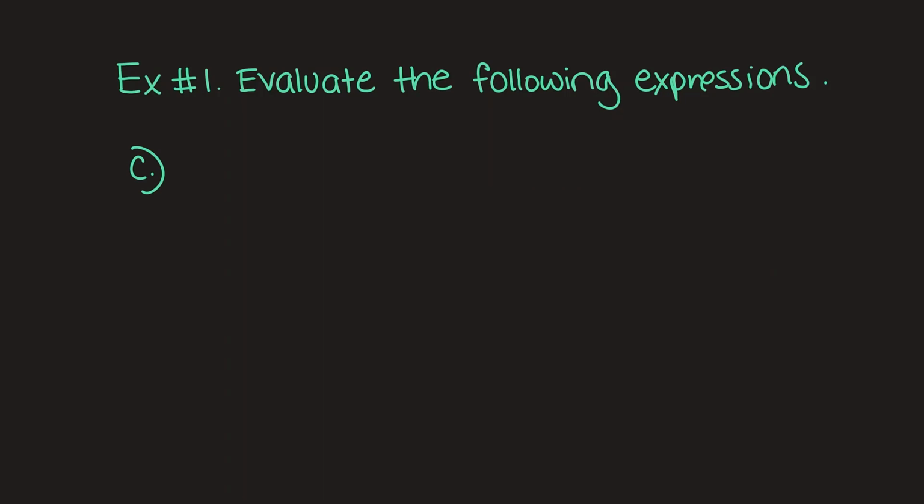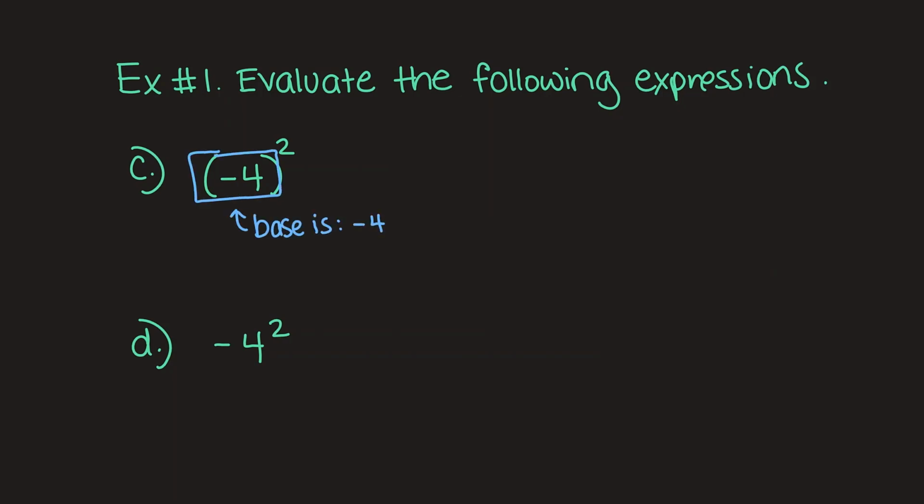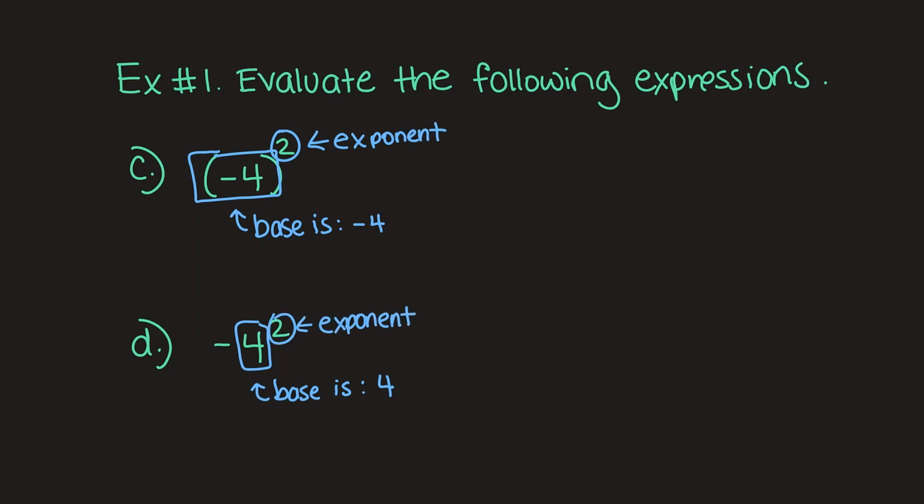For the next part, we will need to be careful when identifying the base of the exponential expression. So for part C, our base is -4, but for part D, our base is actually just 4. Only 4 is being raised to the power of 2, and the negative is left on the outside.